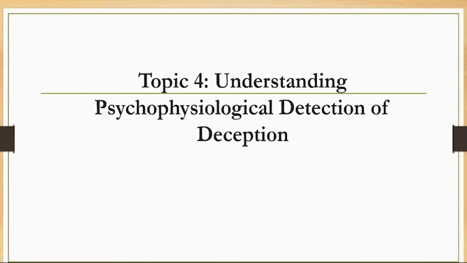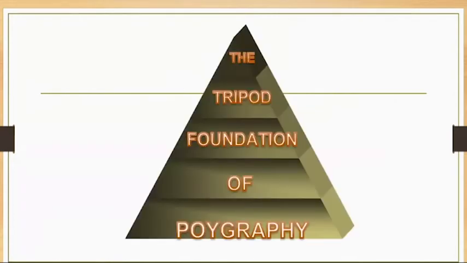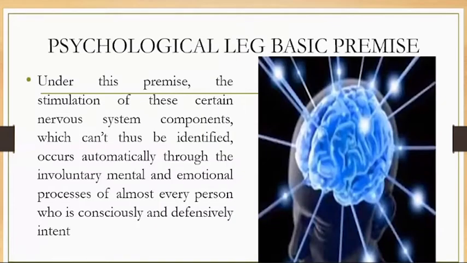maybe in elementary. But here, looking back, first is the tripod foundation of polygraphy, because it has legs. There are two legs, one side and the other side, and then the one at the bottom as part of the tripod. So the first leg is the physiological leg, the basic premise. This leg is where the brain is, the center of our brain.